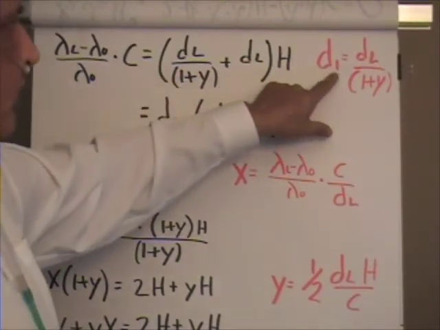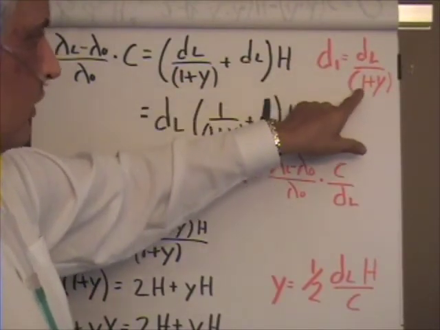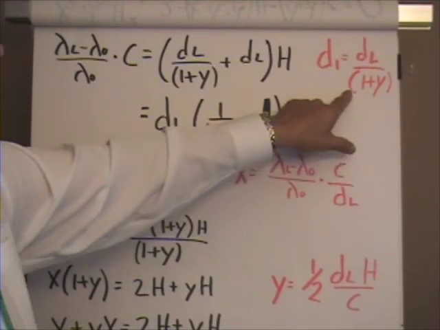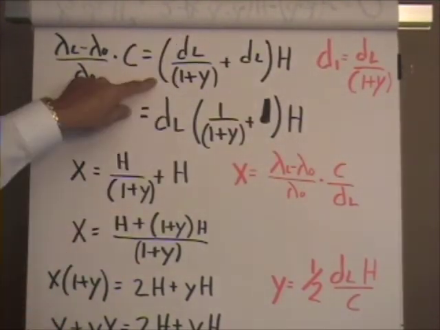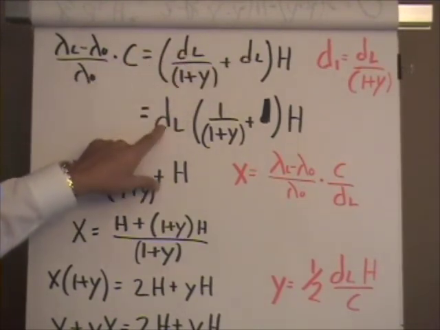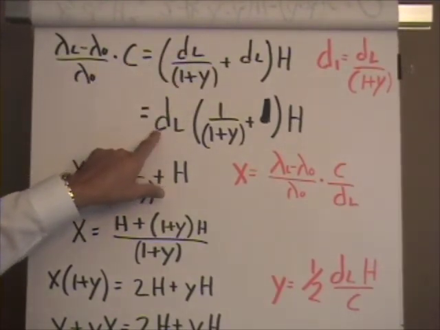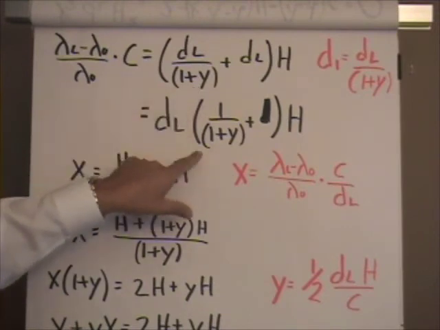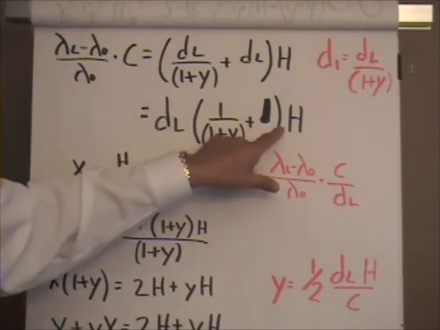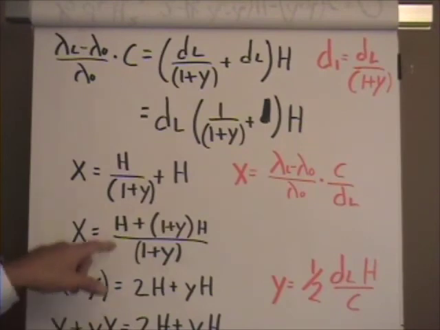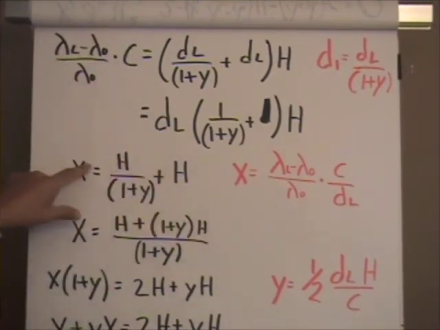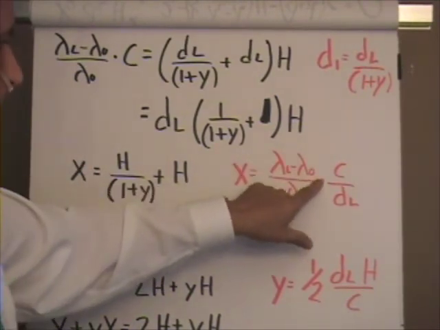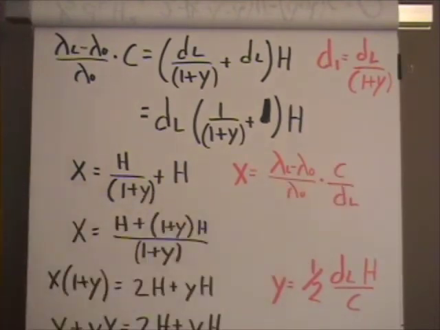Okay, you recall that d1 equals dL over 1 plus z from our toolkit. So we substitute that in for d1, we get this. And we bring the dL's out to the side, giving us dL times 1 over 1 plus z plus 1 times H. Then we bring the dL over to this side of the equation, and then for simplicity we put an x there, representing the redshift times c over dL.